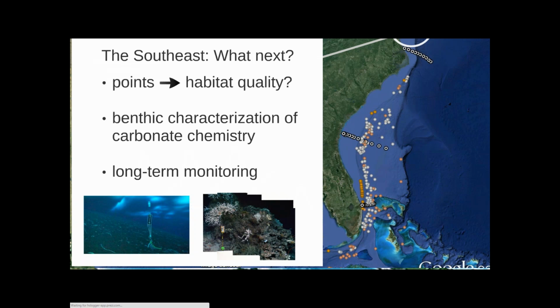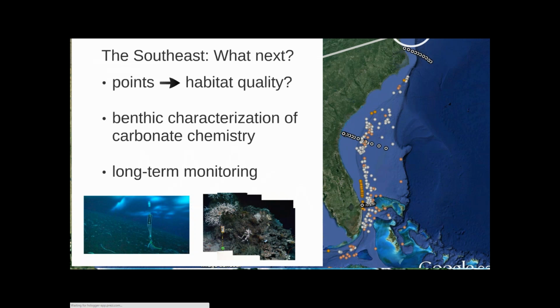So if we eliminate some of those variables, we might be able to see a better pattern at the regional scale of how aragonite saturation might affect these reefs. And I think to some extent this is underway by Steve Ross, Andrew Brook, and some of the other colleagues that have started collecting water closer to these coral aggregations.